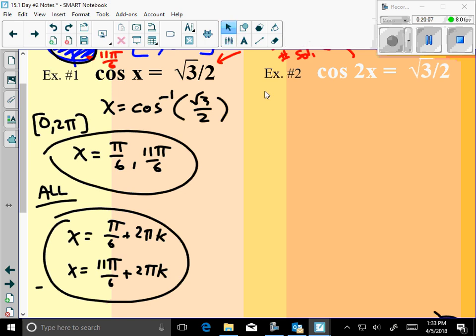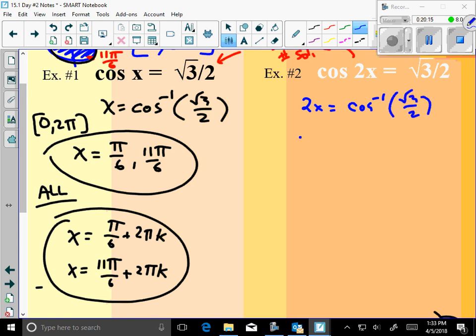Use a different color. So we agreed that 2x would equal the inverse cosine of root 3 over 2, which tells us that 2x would equal pi over 6 plus 2 pi k as many times as we want, or 2x equals 11 pi over 6 plus 2 pi k as many times as we want.